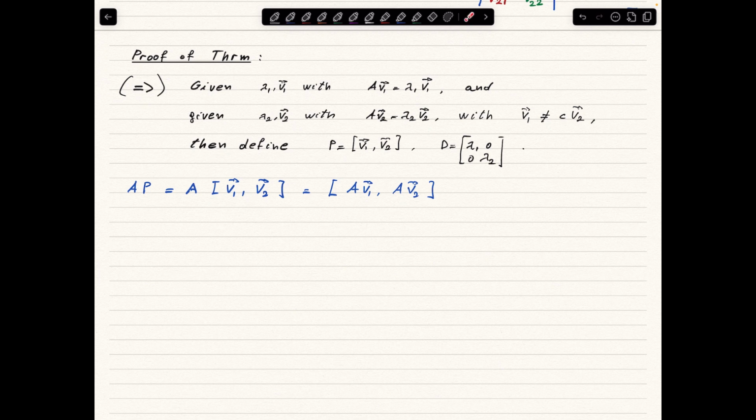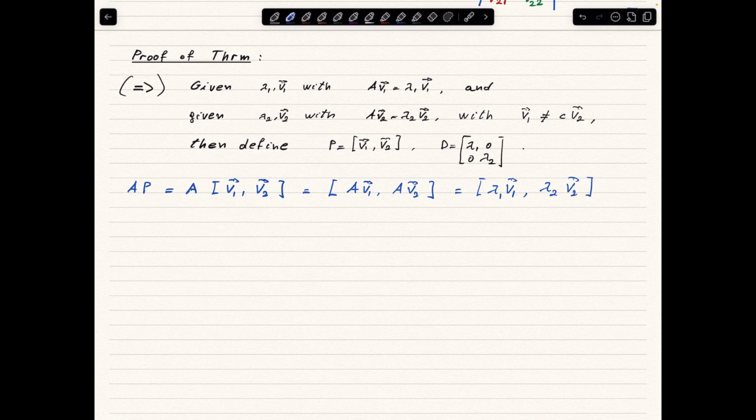But here we can use the assumption that the v's are eigenvectors, and then we are going to get lambda 1 v1 on the first column and lambda 2 v2 on the second column.